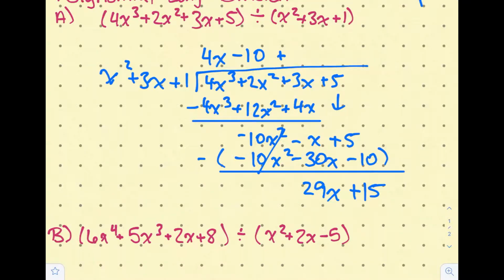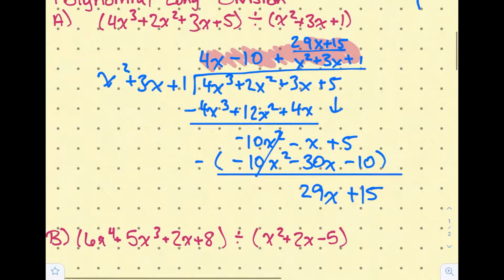I'll take my remainder and I'll put it over what we divided by. So 4x cubed plus 2x squared plus 3x plus 5 divided by x squared plus 3x plus 1 is 4x minus 10 and a remainder of 29x plus 15.